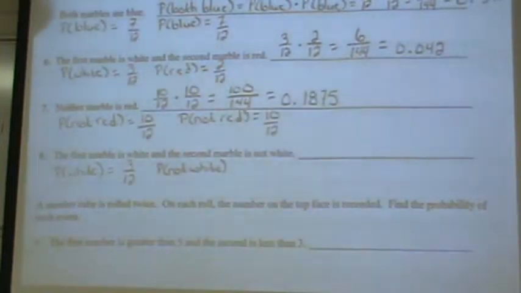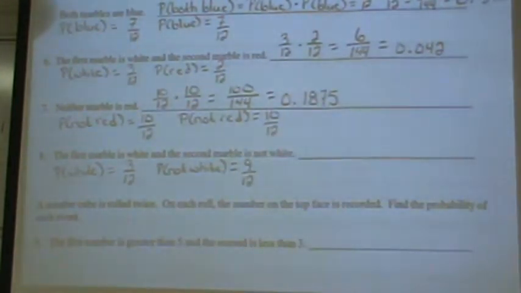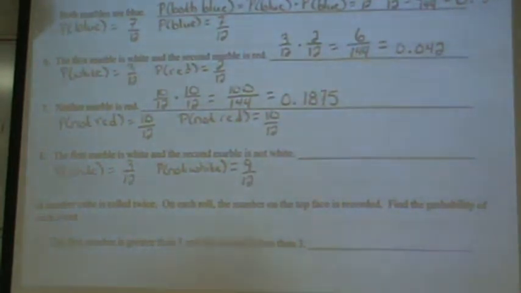And then our second one is the probability that it's not white. So if it's not white, it could be red or blue. So we have 2 red and 7 blue, so there's a 9 out of 12 that it's not white.